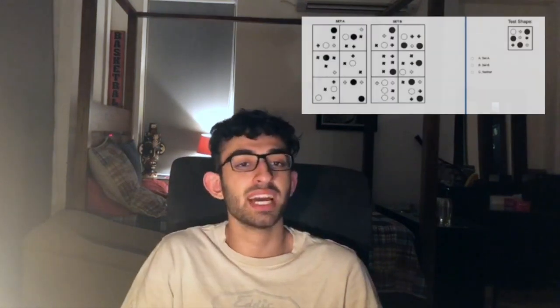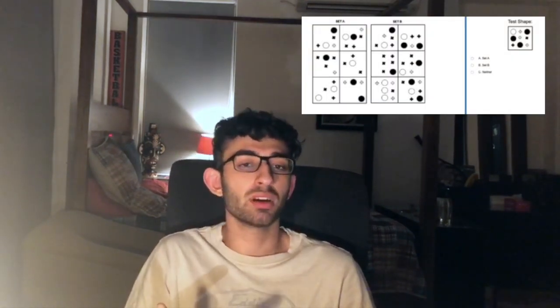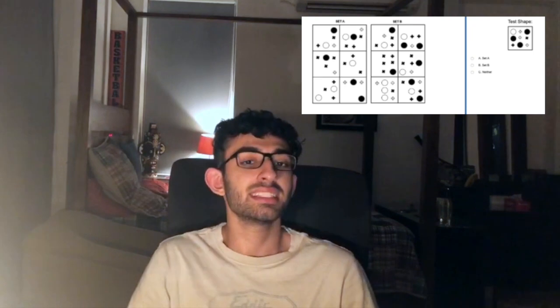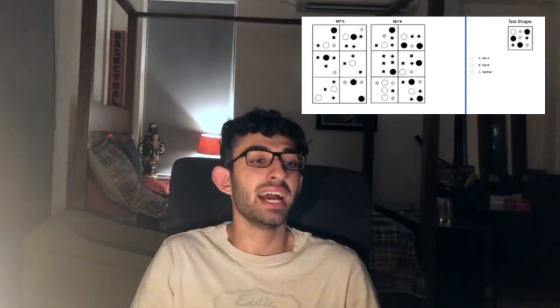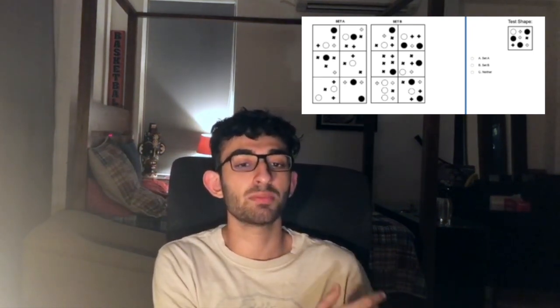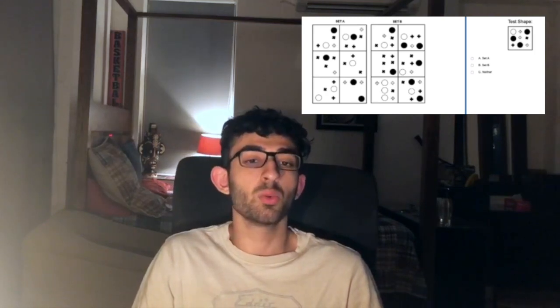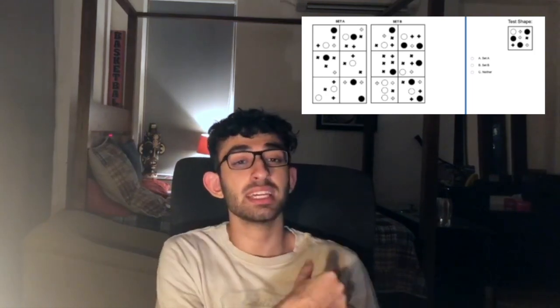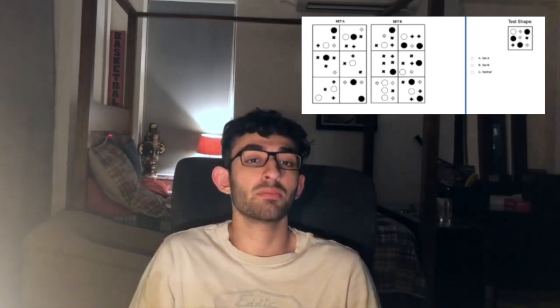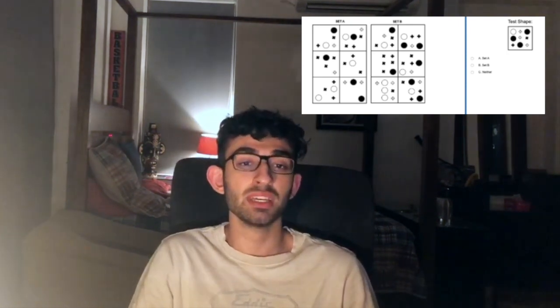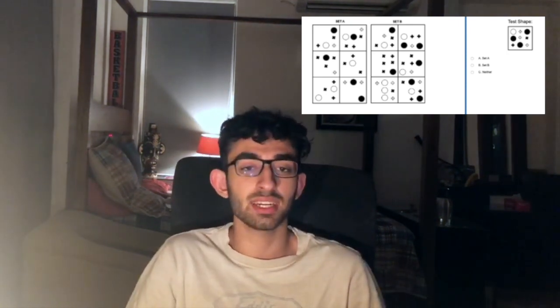So the first one, which is type 1 questions, those are questions that are set A, set B, or neither questions. So basically, I'll give you an example of that. As you can see up here, they give you 2 sets, set A and set B. And then they give you a number of shapes below and you have to figure out which set each shape belongs to, whether it belongs to set A, set B, or whether it belongs to neither set.